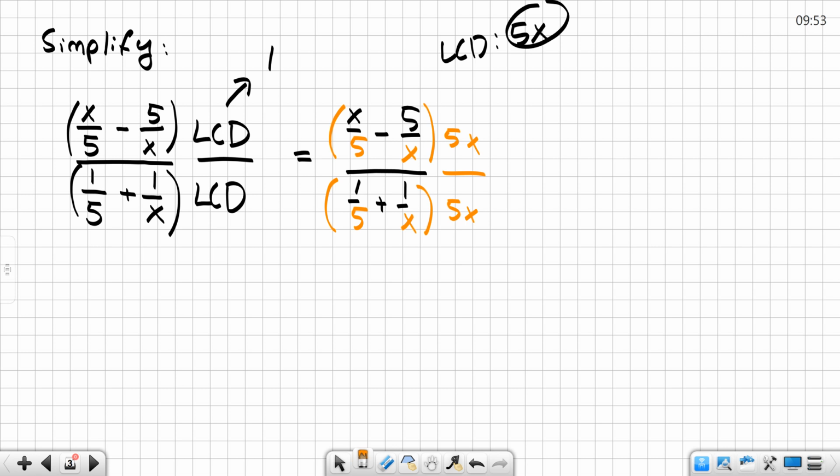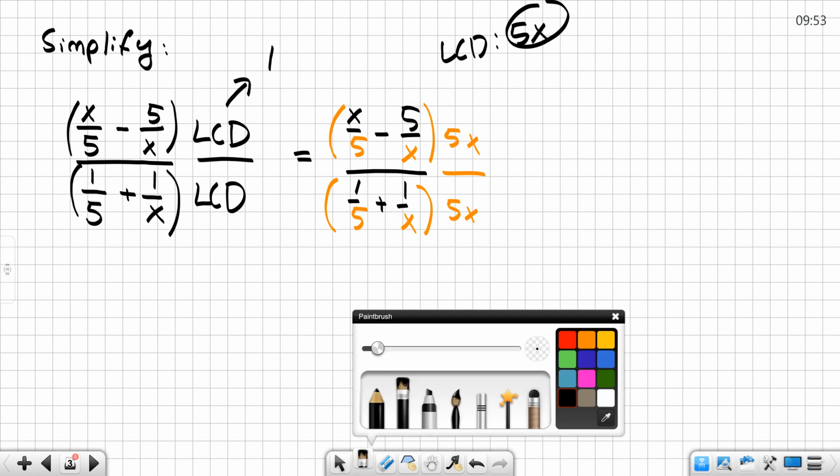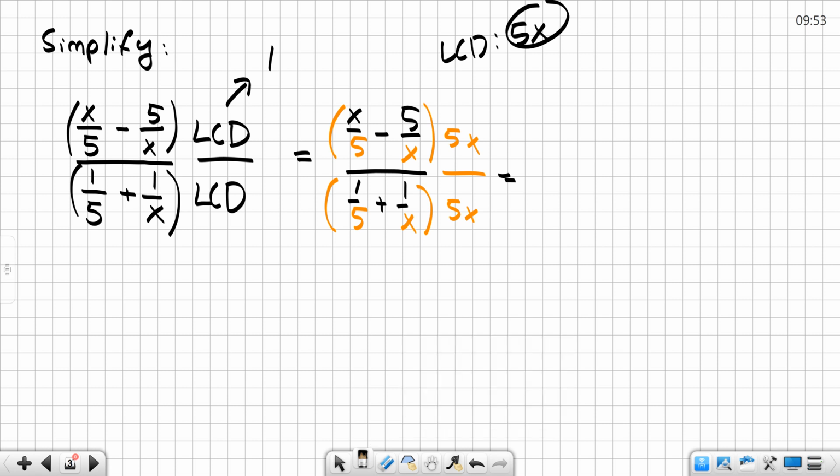And as a consequence, let me write down this step. I'm getting 5x times x over 5 minus 5x times 5 over x. So what I did, I multiplied this expression and this one with 5x.